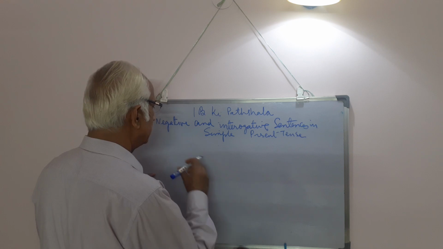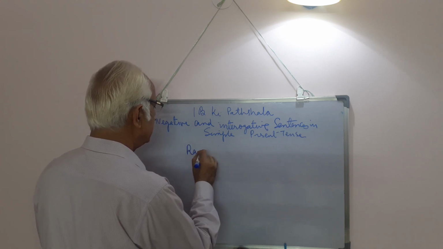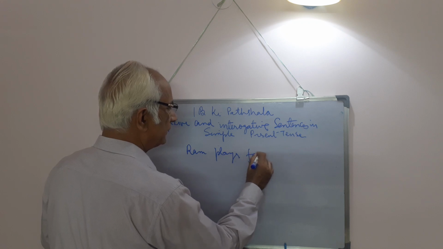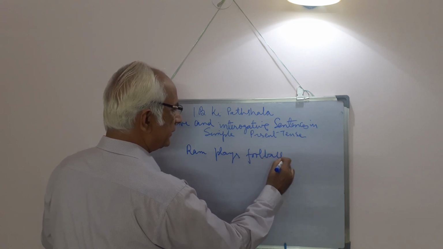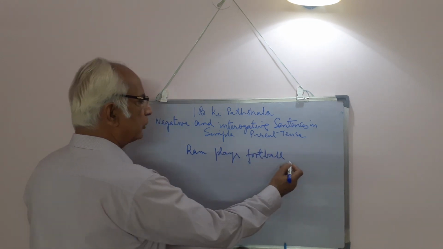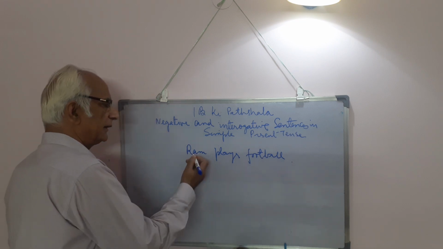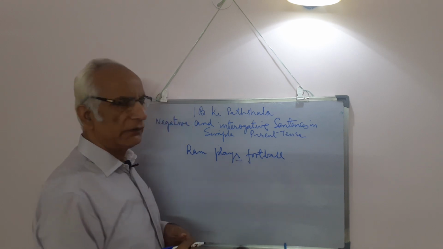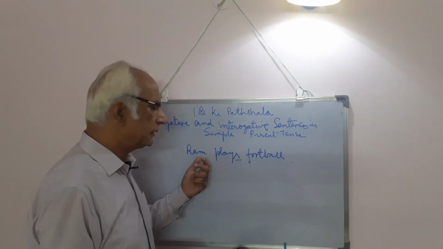For example, Ram plays football. This is a statement telling about a fact. The fact is Ram is a boy who plays football. Now we have added S here with the verb because this is third person singular.